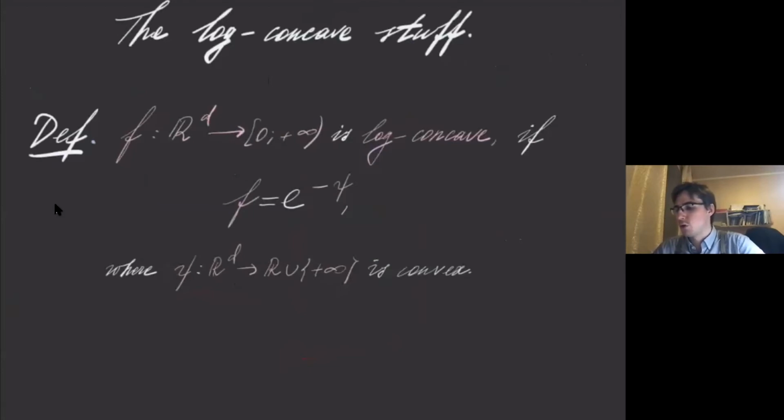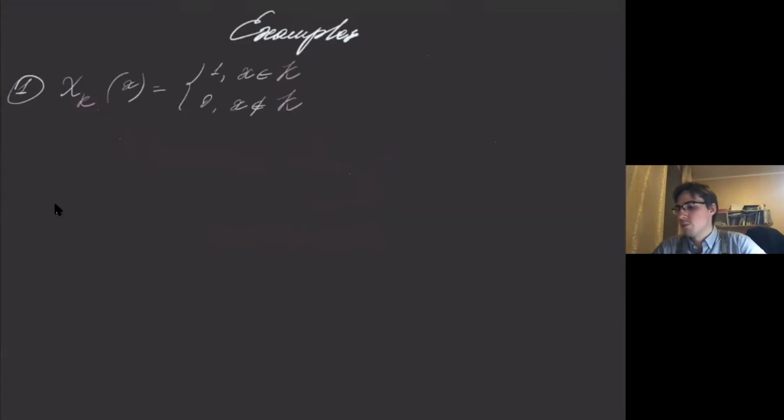Another thing to recall is what a log-concave function is. A log-concave function is a function on R^d whose logarithm is a concave function. Simply, you can express the function f in this form, where the function psi is convex. The simplest examples of log-concave functions are the following. First off, it's just an indicator function of a convex body K in R^d.